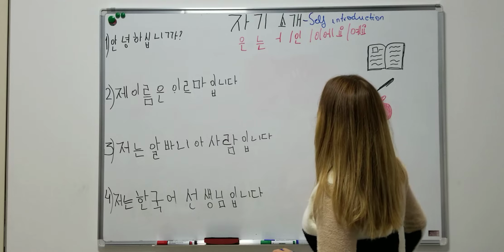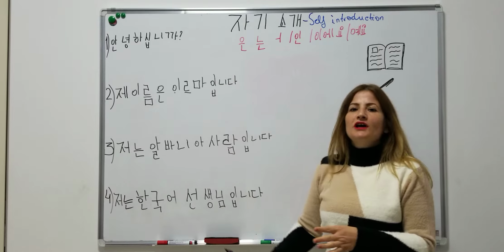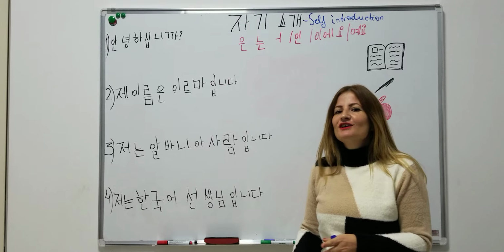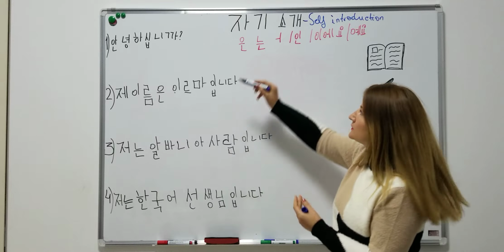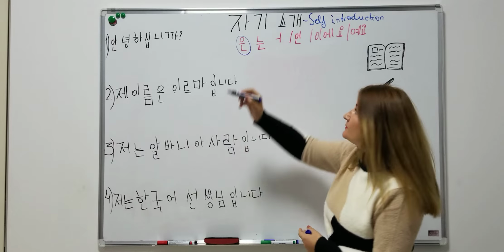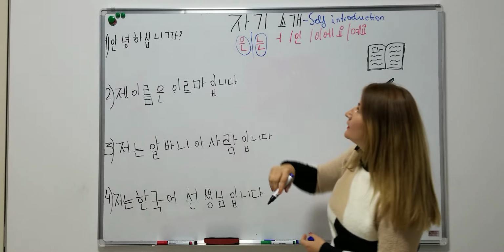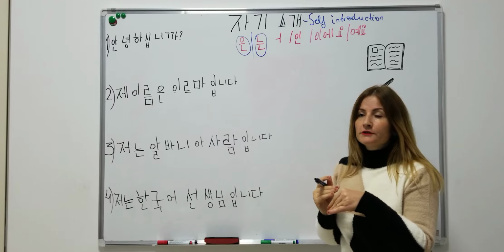Okay, before going to the introduction of your teacher, let's explain what we will take. So today we will take particles. These are called subject particles, and you will notice the difference when they are put.